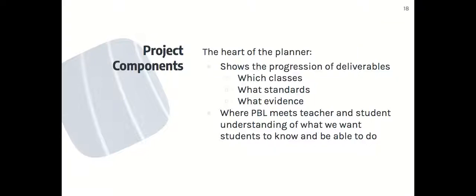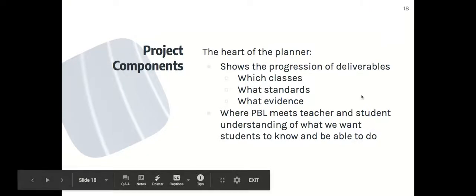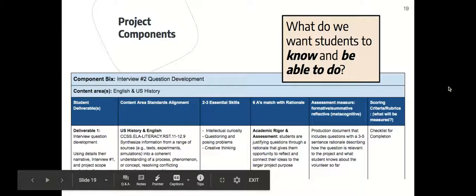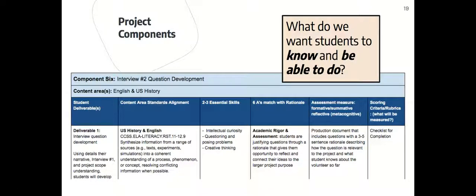It also is where PBL meets teacher and student understanding of what we really want students to know and be able to do. In looking at this example from the exemplar, you can see the content areas involved are English and US history, and the student deliverable is interview questions and development.